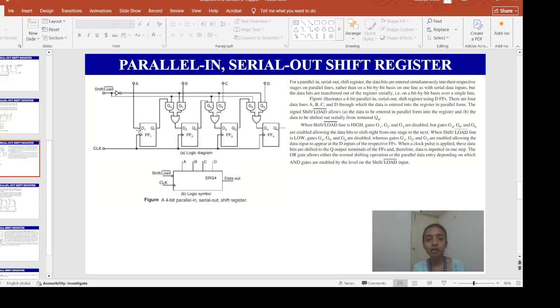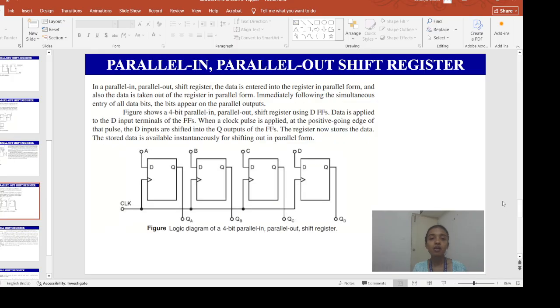When you apply the clock pulse, these data bits are shifted to the Q output terminals of the flip-flops, and therefore the data is inputted in one step. The OR gate allows either the normal shifting operation or the parallel data entry, depending upon which AND gate is enabled by the status of this shift or load input.